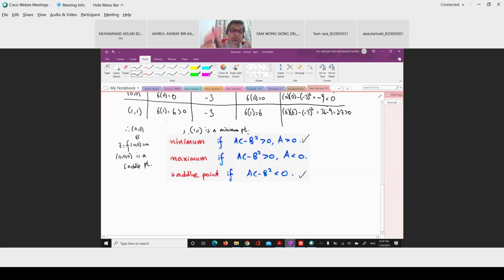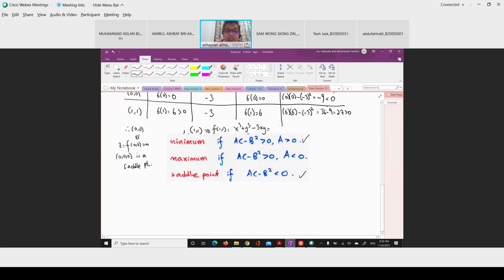And 1, 1 implies what? 1, 1 implies f(1, 1) equal to, what is the equation just now? x cubed plus y cubed minus 3xy.